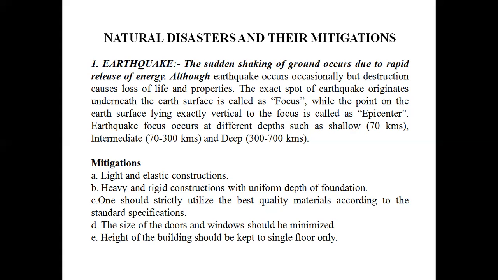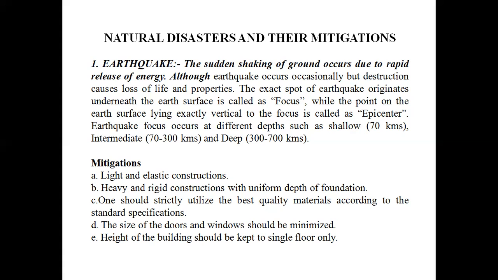So what are the mitigations of this? Light and elastic construction is required. Heavy, rigid construction with uniform depths of foundation is also one of the important points to be noted. One should strictly utilize the best quality materials according to the standard specifications.